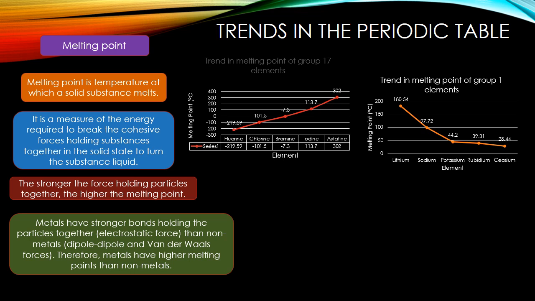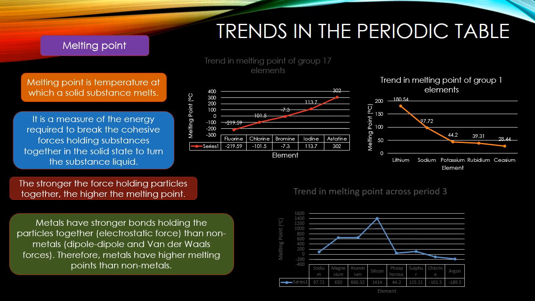For metals, looking at group 1 elements, melting point decreases going from lithium to cesium. And when we look across the periodic table, using period 3 for example, melting point generally increases, then decreases.